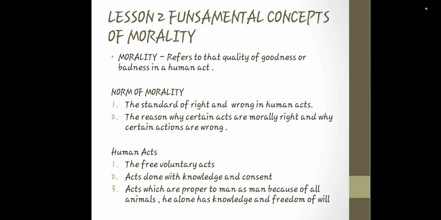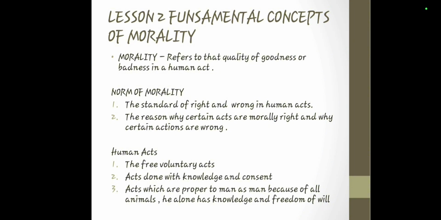Okay. Number three, acts which are proper to man as man, because of all animals he alone has the knowledge and freedom of will. Meaning to say, your acts can also be done based on the interaction between another person and the environment itself.